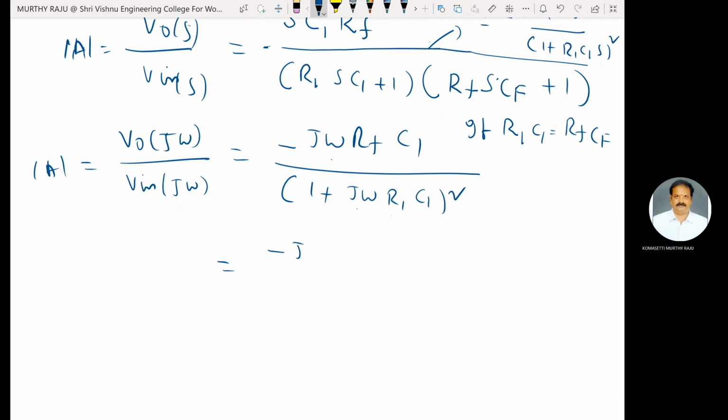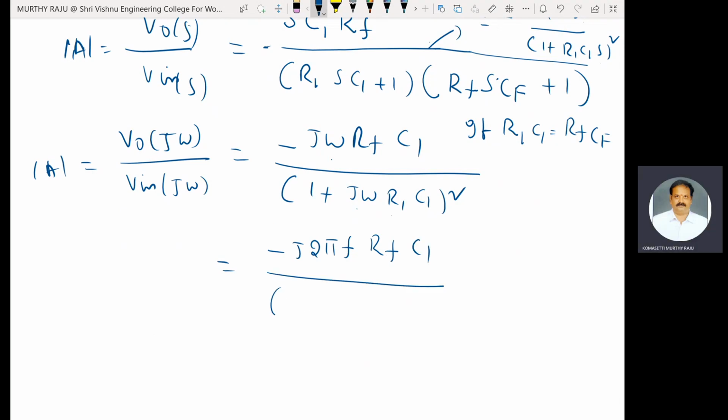Minus J 2 pi F RF C1 by 1 plus J 2 pi F R1 C1 whole square.